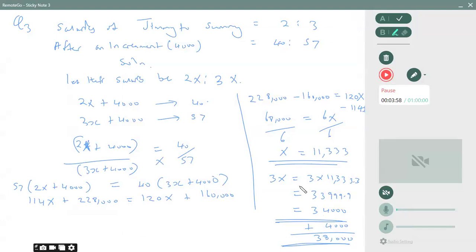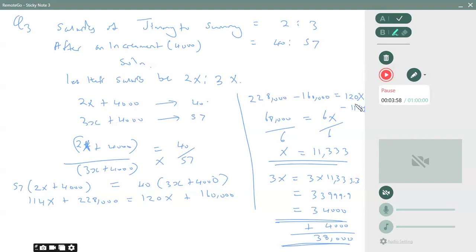Then when they say after the increment, you should note the ratio is changing. At first it was 2 to 3, now it is 40 to 57. So you do the same. Then the principle of ratio says that if these are equal, it is the same as dividing them. So it's what we have done here.